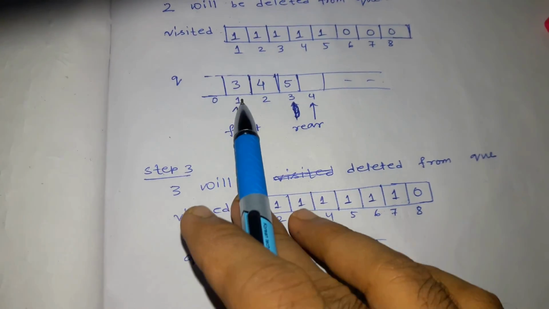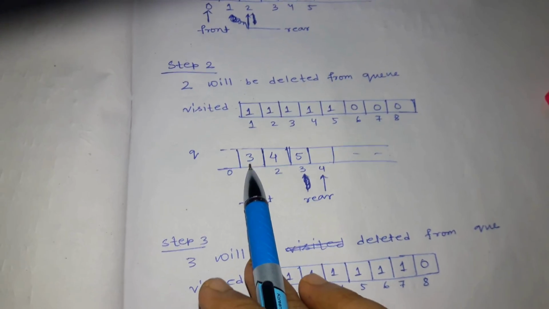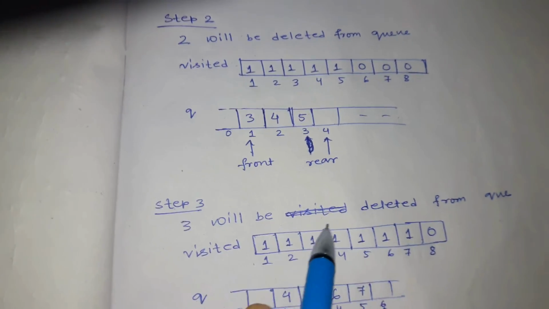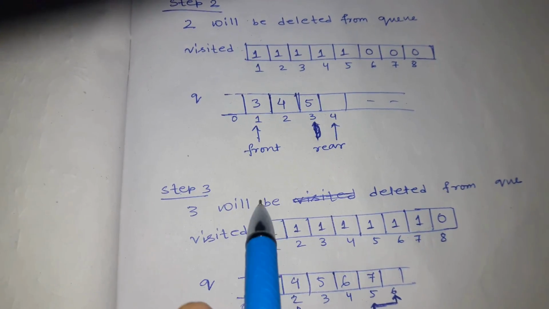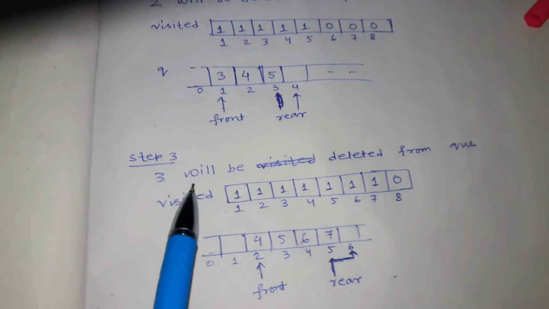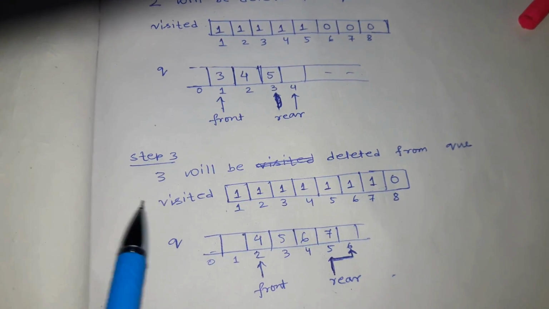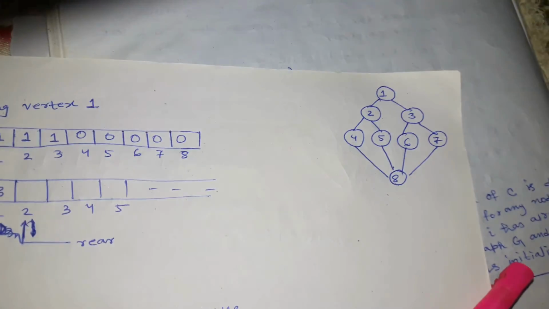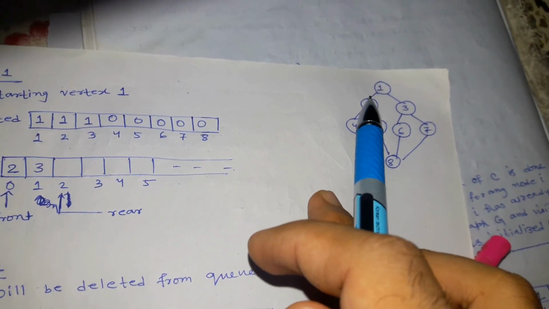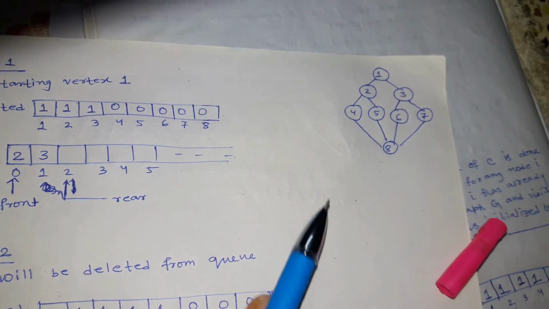So at step 3, from the front part, the item will be deleted, so 3 will be deleted from the queue, and the front end has been updated to index 2. Now on 3 we will check the adjacent vertices of 3, that is 1, 6 and 7, but 1 has already been visited, so 6 and 7 are still unvisited.